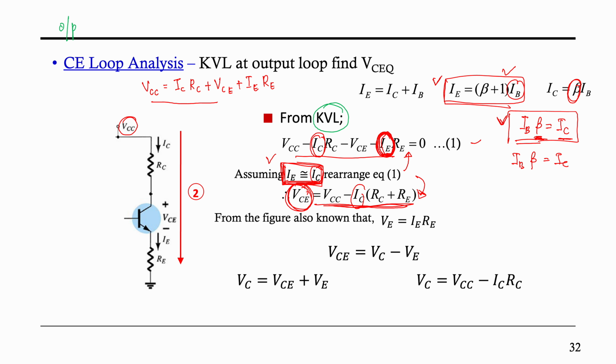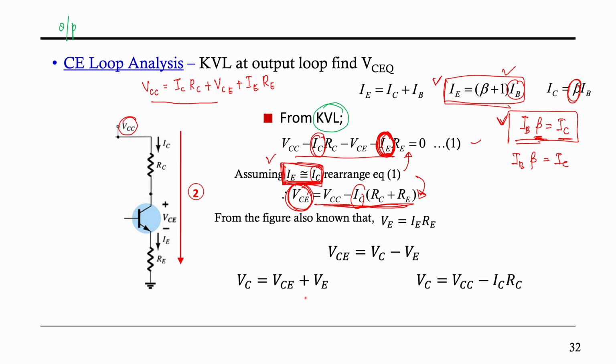Once you get the value of VCE, only then can you determine the value of VE, which is VE equals IE times RE. So what is your IE? IE is equal to IC, or IE is equal to (beta plus 1) IB. Then you can get the value of VE. Once you have VE and we know VCE, we can determine the value of VC.